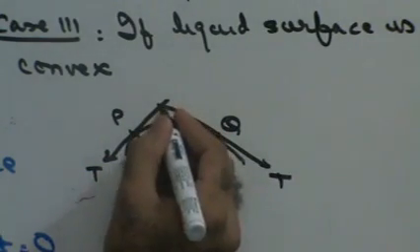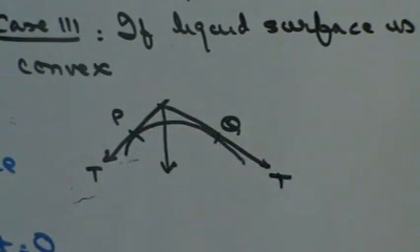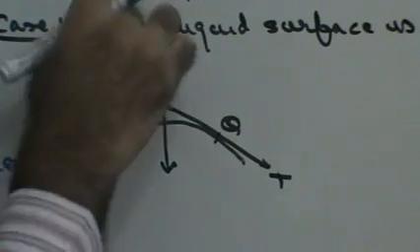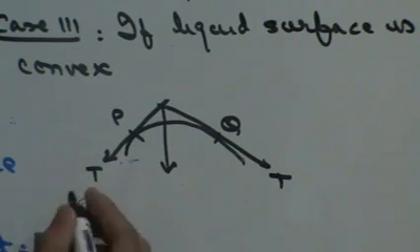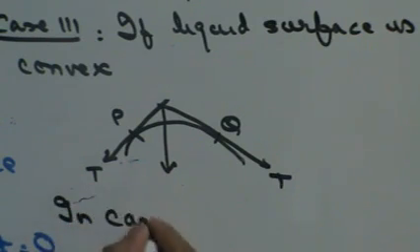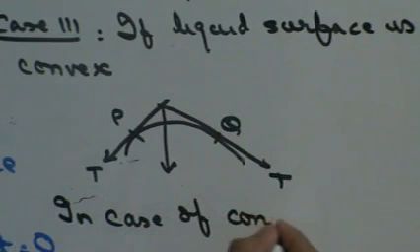The resultant of these two forces is going to be in the downward direction. To counterbalance this force, because the liquid is already at equilibrium, the liquid will exert an even greater force in the upward direction.